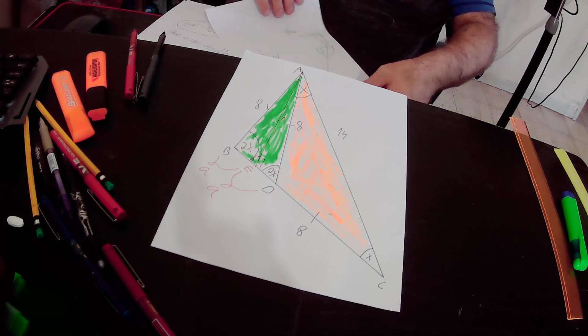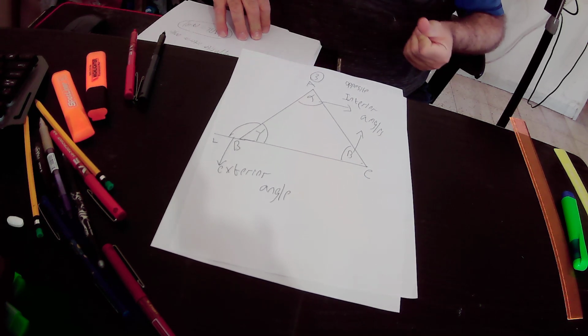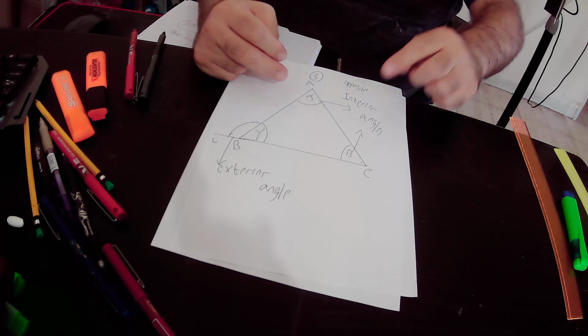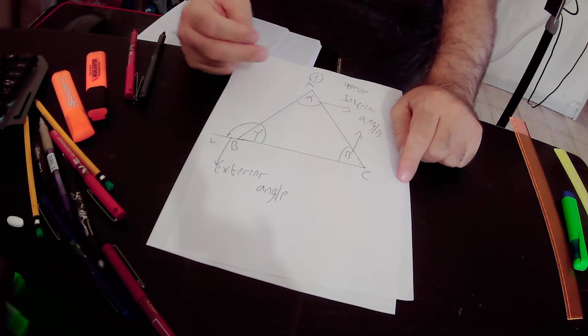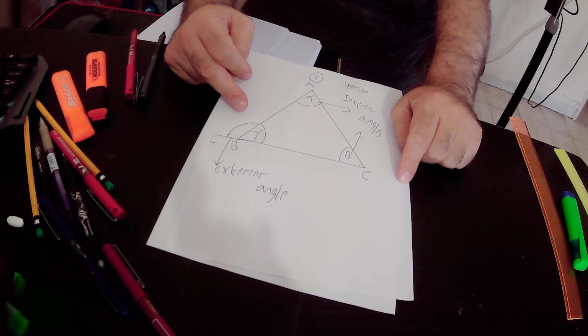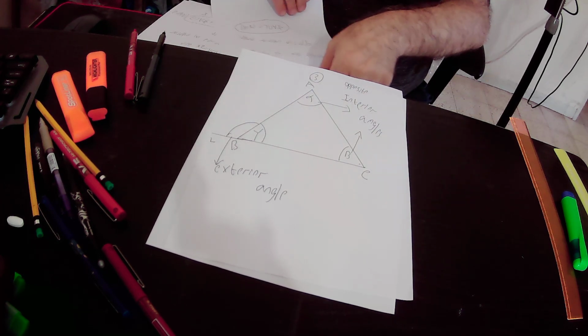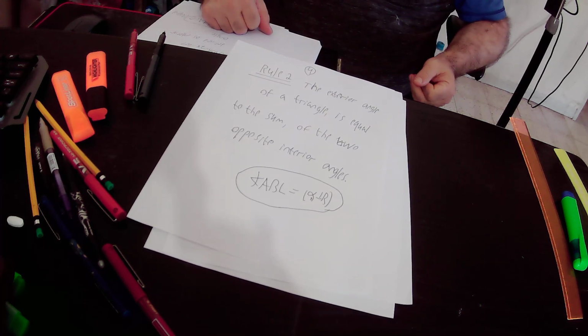And then I presented to you rule number 2 that talks about interior angles and exterior angles. In this triangle ABC, those two angles alpha and beta are opposite interior angles, and this angle ABL is the exterior angle. According to rule number 2, the exterior angle of a triangle is equal to the sum of the two opposite interior angles.